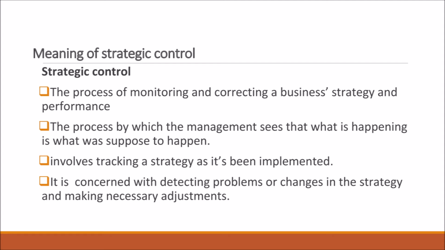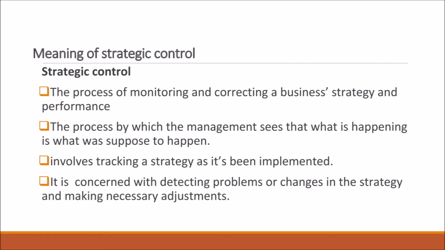Okay, so when you are controlling, all that you are doing is trying to see whether what you intend to do is actually what is being done. It involves tracking a strategy as it is being implemented to ensure that it achieves its goals. And then also it is concerned with detecting problems or changes in the strategy and then making necessary adjustments to it.